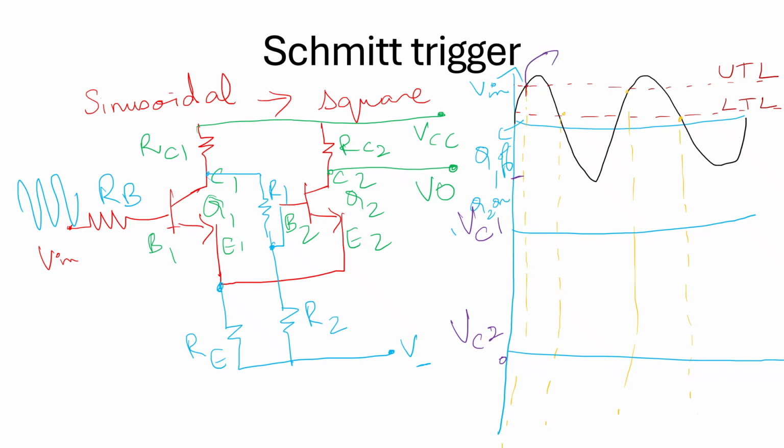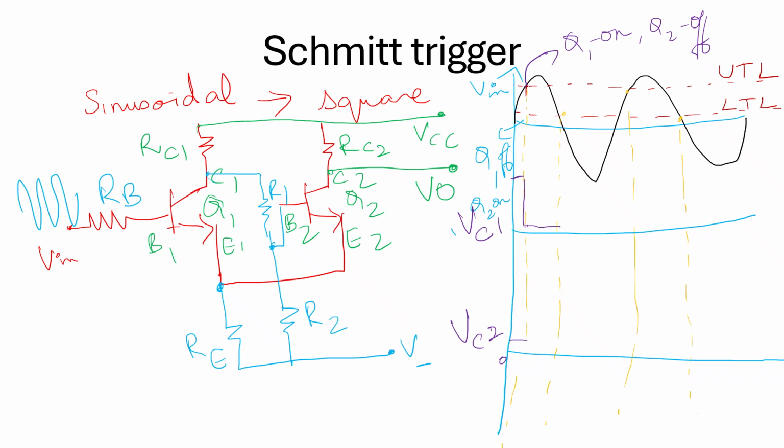And at this instant, Q1 is on and Q2 is off. So at that instant, VC1, the voltage across the collector terminal, shows a minimum value and it is at the same level until the next turn on takes place. Meanwhile, VC2 is minimum when Q1 is off and Q2 is on.